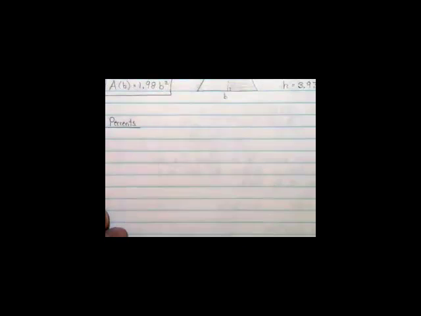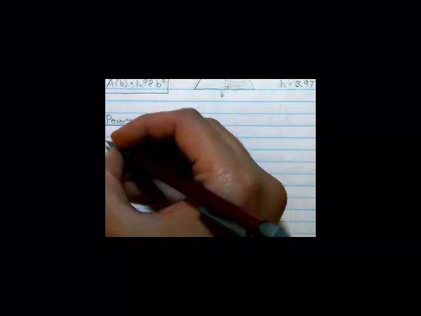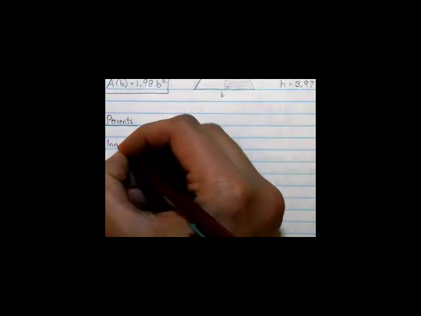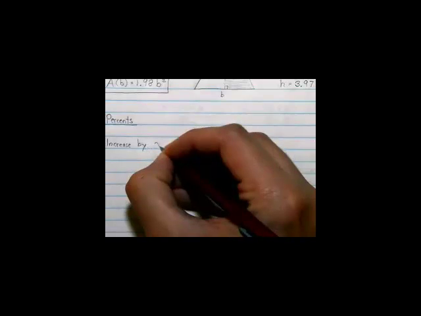So if you're going to talk about something that increases or decreases by a certain percent, okay? At some amount that's going to increase by X percent. So it could be 32%, 56%, whatever it is. We're just going to call it X for now. Okay?